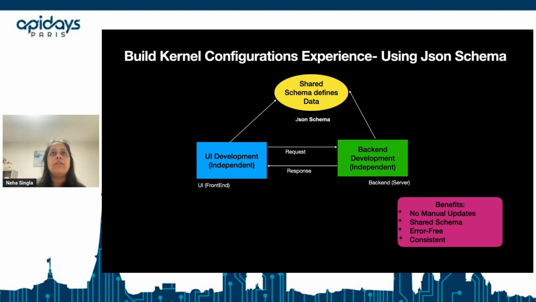Now, the benefit here is there's no manual updates. And since the JSON schema can do a lot of things for you, you are adding your validation logic, your business logic, how the form should be rendered. So everything is kind of inside the JSON schema, where UI is just using the schema and rendering it.